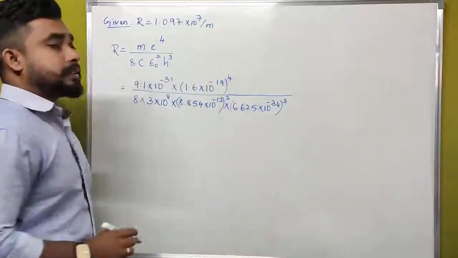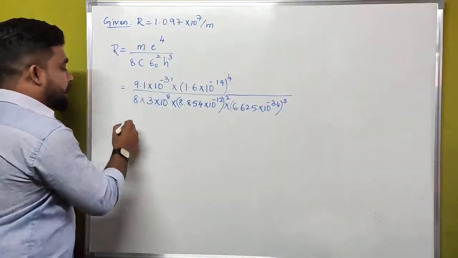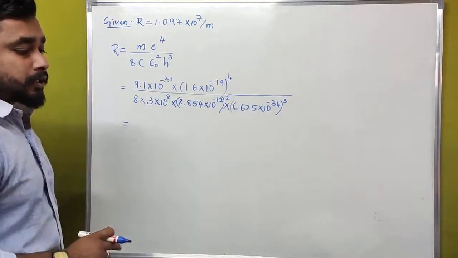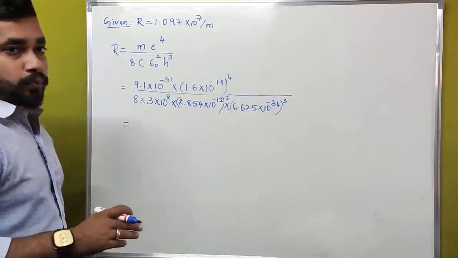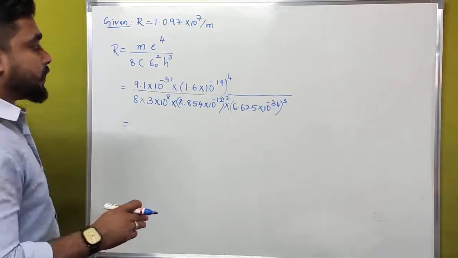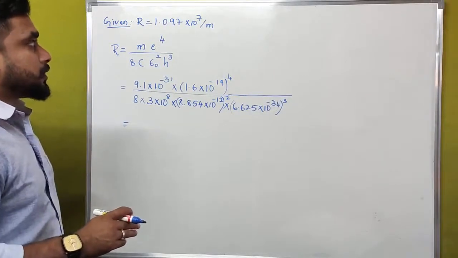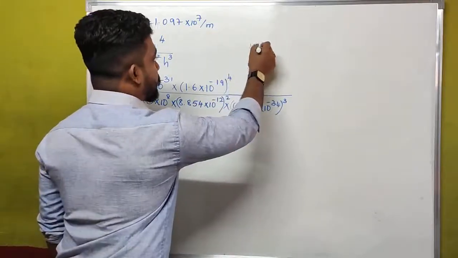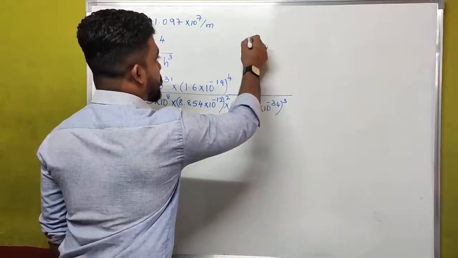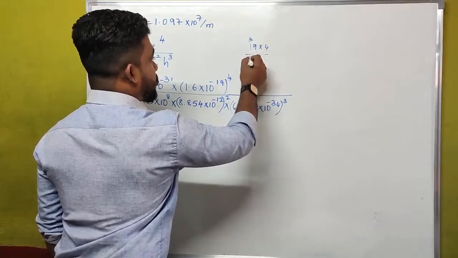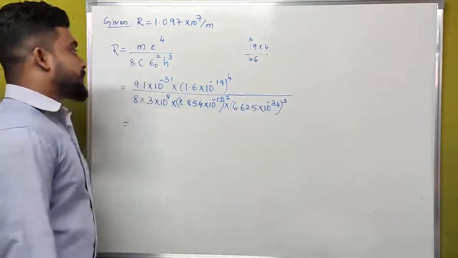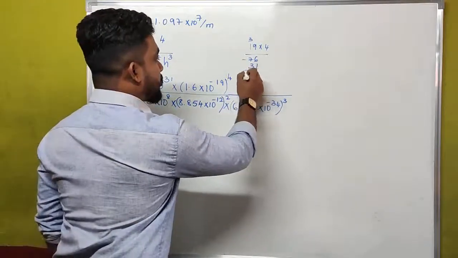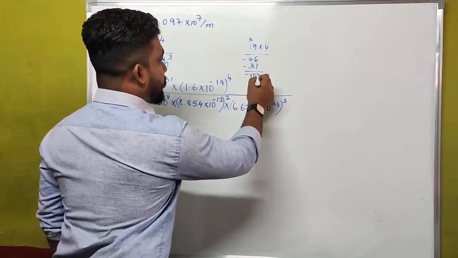If we calculate all these things, what we will get is more important. 19 into 4 is equal to 76. 76 minus 31 is 107.